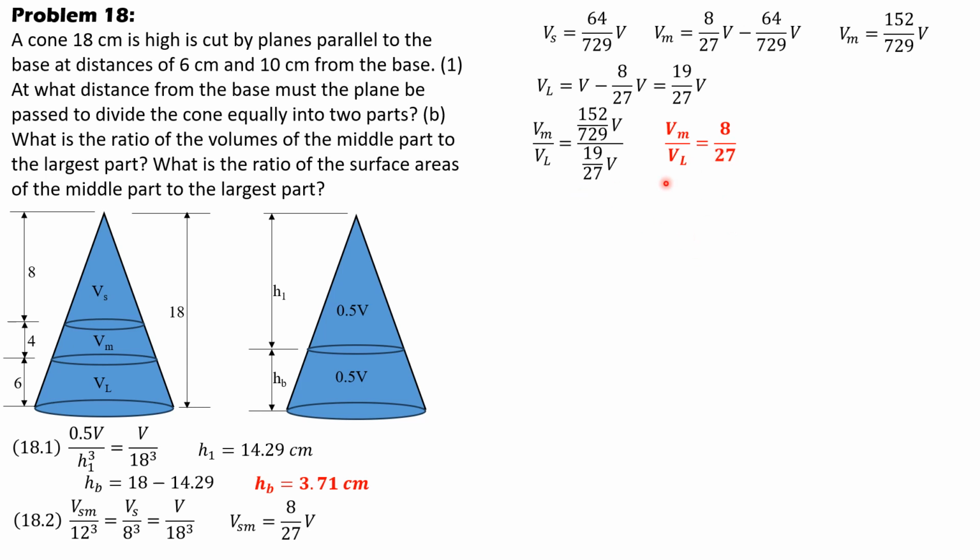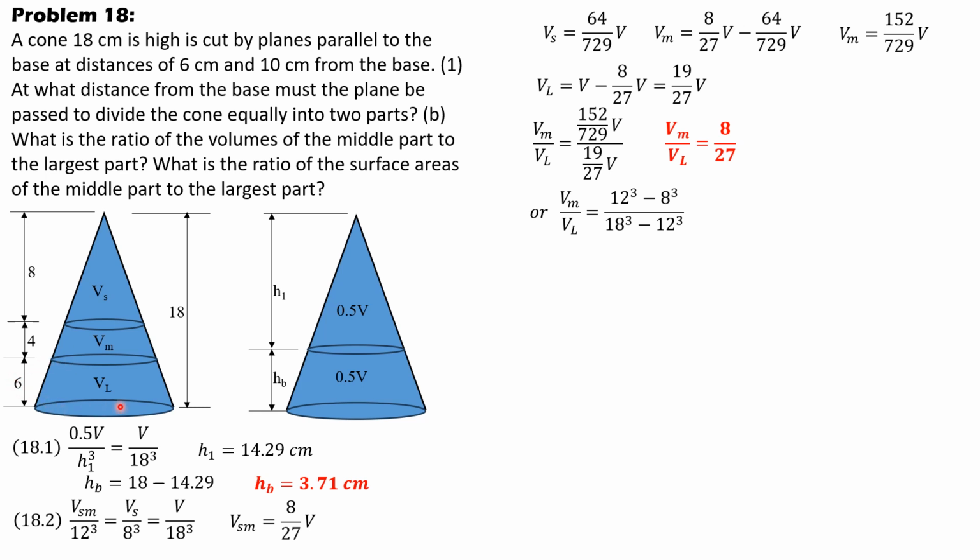Then the other way, which is the shortcut, is 12 cubed minus 8 cubed for V sub M, and for V sub L, it is 18 cubed minus 12 cubed. So V sub M over V sub L equals 12 cubed minus 8 cubed over 18 cubed minus 12 cubed. So it's like we subtract.